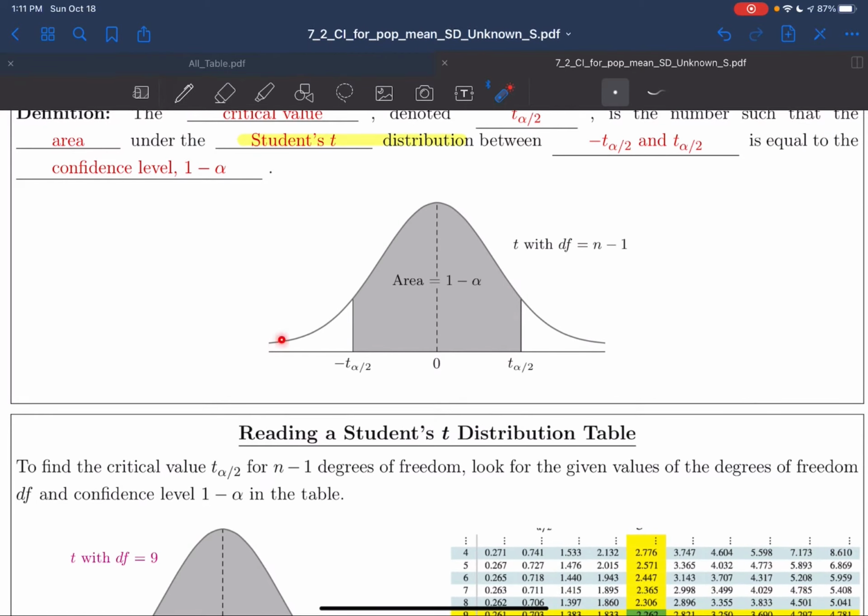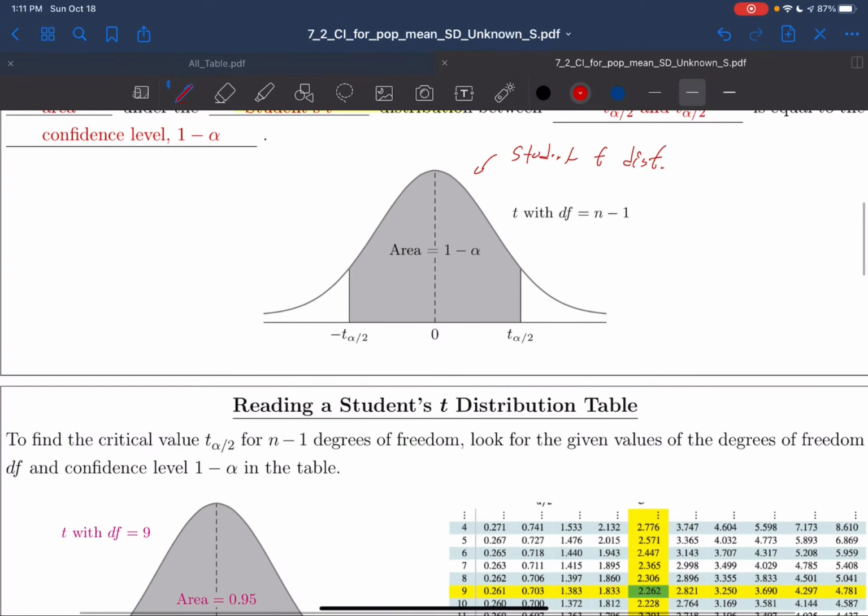Again, this is a student t distribution, and the area between these two points equals your confidence level. So if you were dealing with a 95% confidence level, the area here will be 0.95.